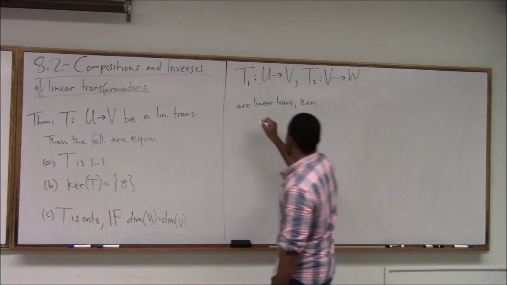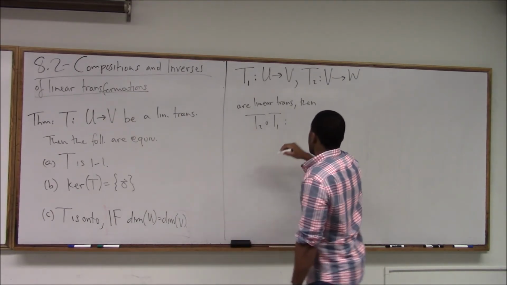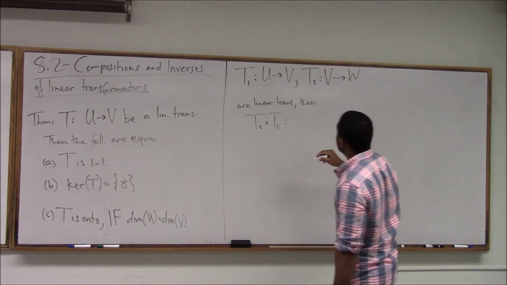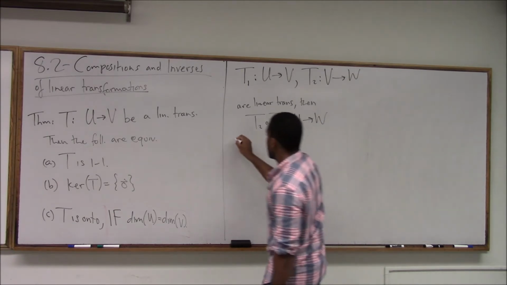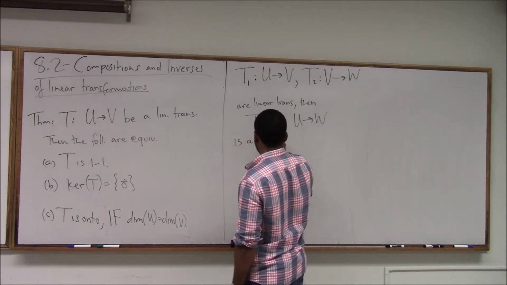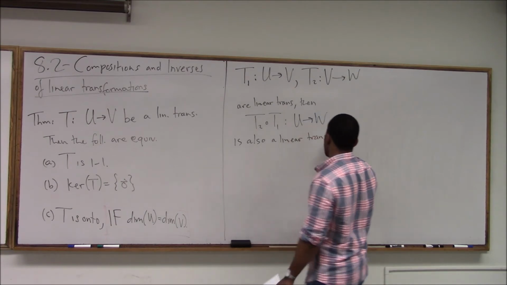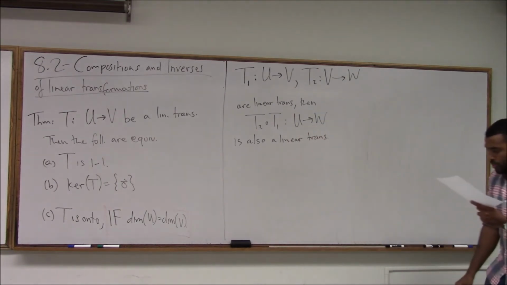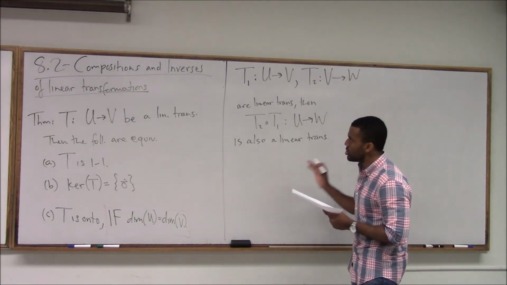Then T2 of T1, which goes from U to W, is also a linear transformation. It's also a nice thing to prove. But you should be able to prove that. It shouldn't be too much trouble.